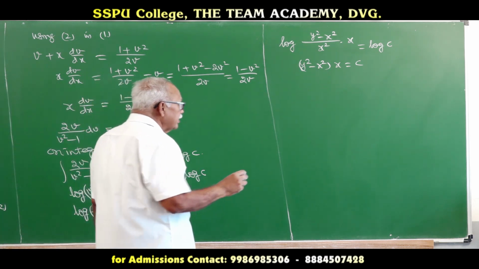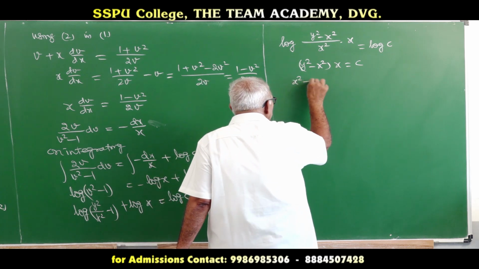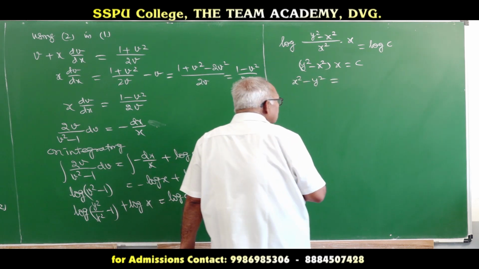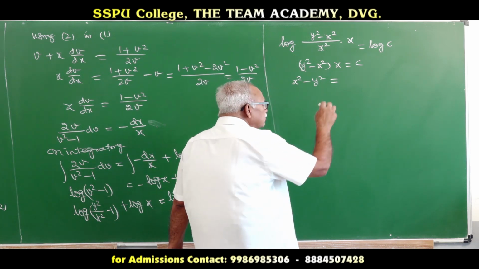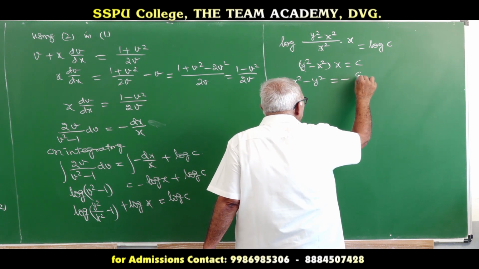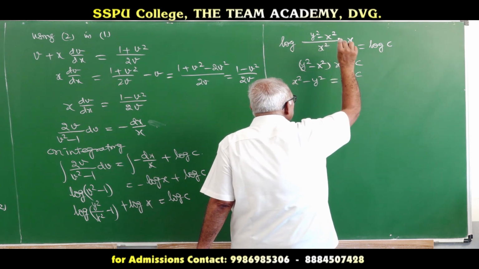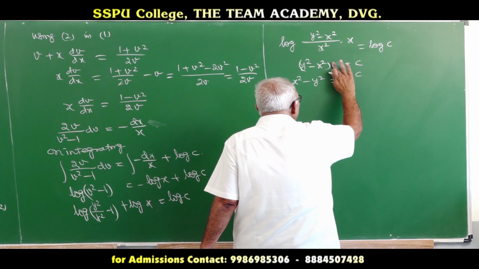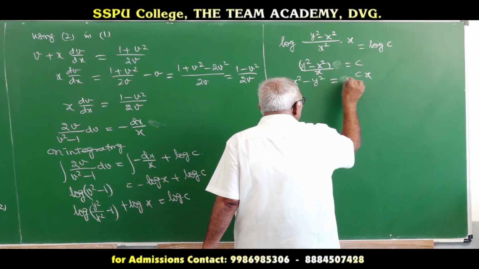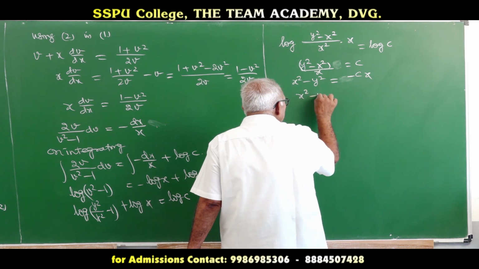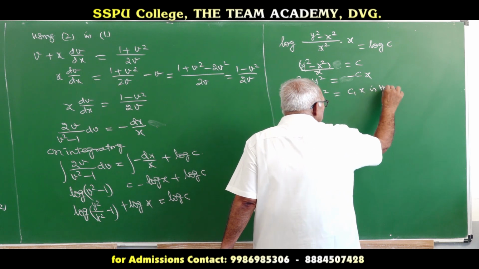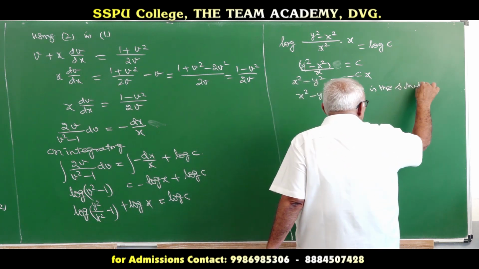Now, we can write this as x square minus y square is equal to, this can be taken as cx, or x square minus y square is equal to c1 x is the solution.